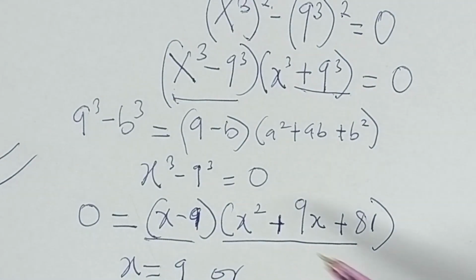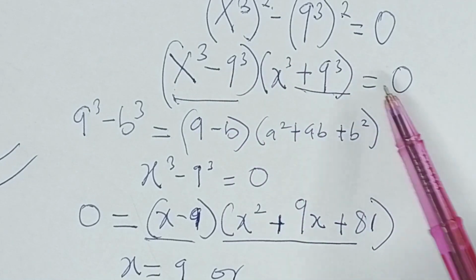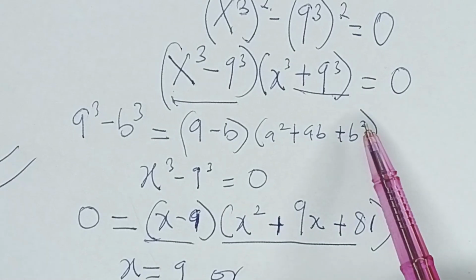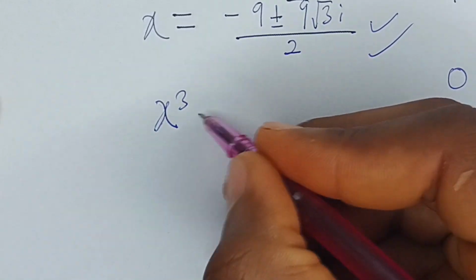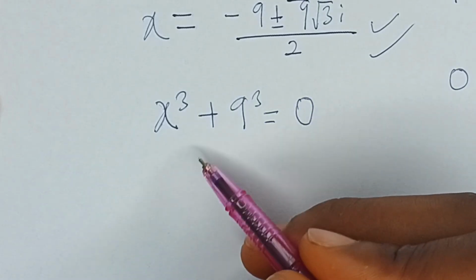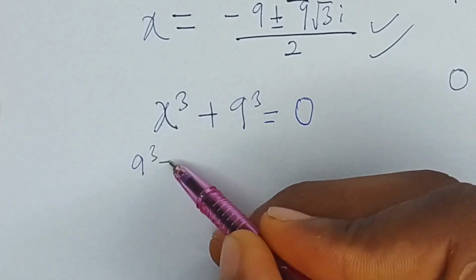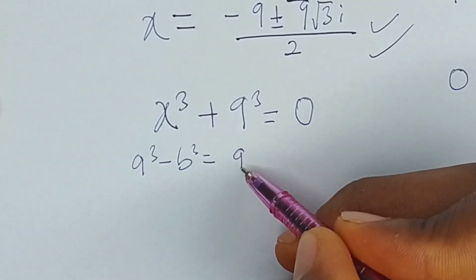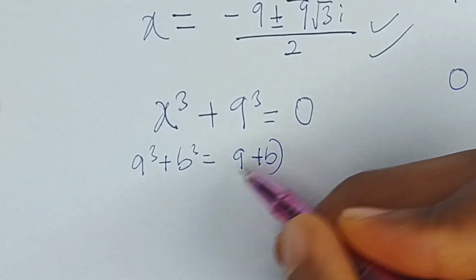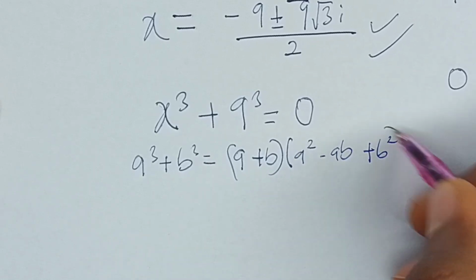Recall that we said it is either x raised to the power 3 minus 9 raised to the power 3 is equal to 0, or we have the second condition that says x raised to the power 3 plus 9 raised to the power 3 is equal to 0. So let's apply that quickly. Here we use the sum of two cubes, which states that a cubed plus b cubed is equal to a plus b into a squared minus ab plus b squared.